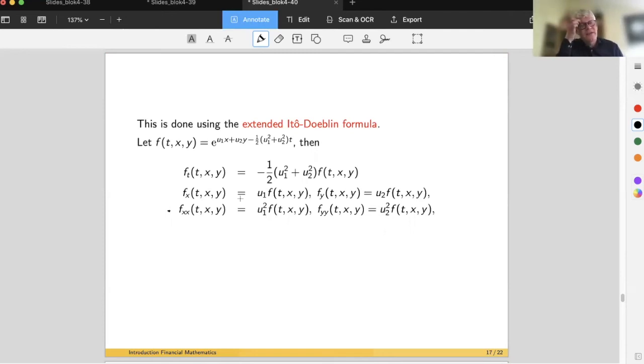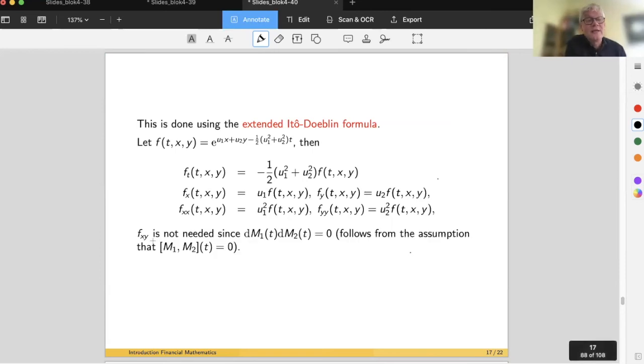The mixed derivative f_xy we don't really need, because from our assumptions the cross variation dM1 dM2 is equal to 0.